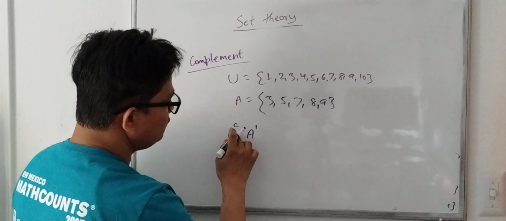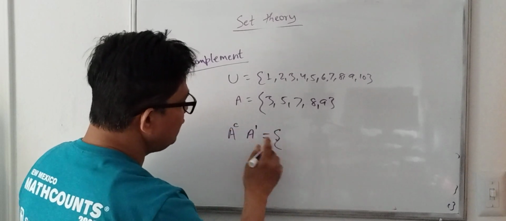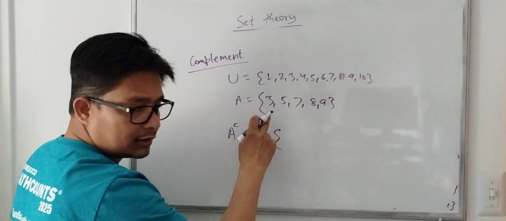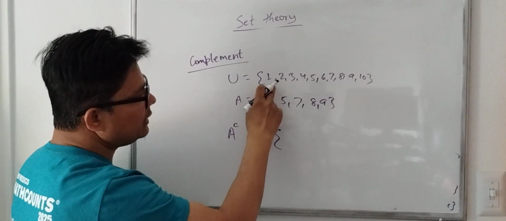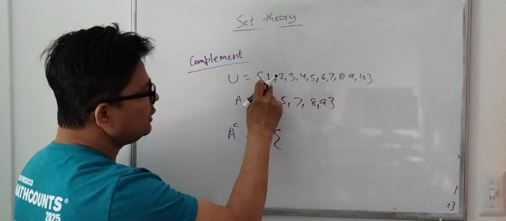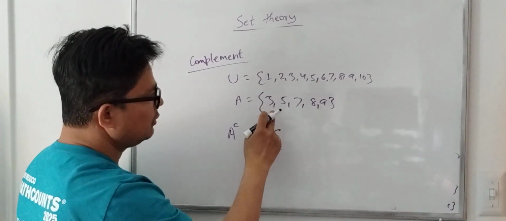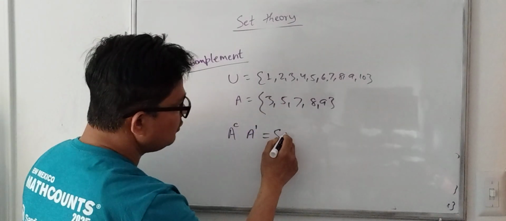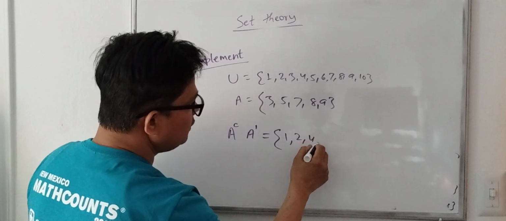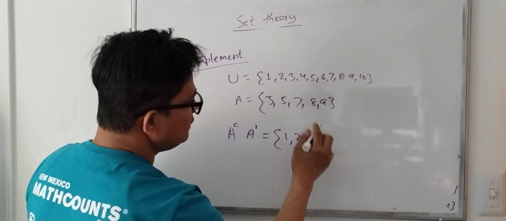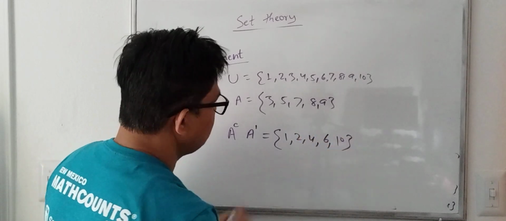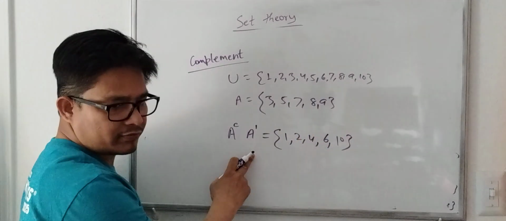So this will be all the elements from U which are not in A. Look at the board. Which elements are there in U which are not present in A? 1, 2, 3 is there. So no. 4, yes. 5 is there. 6, 7, 8, 9 is there. And 10. This is the complement of A.